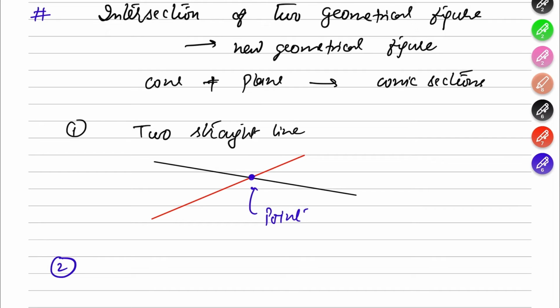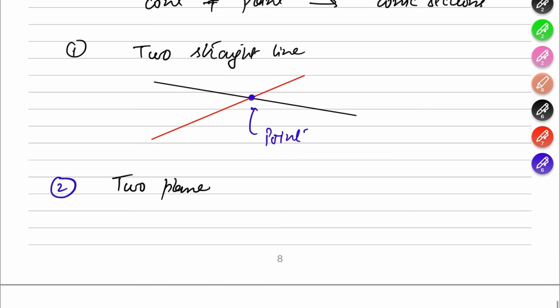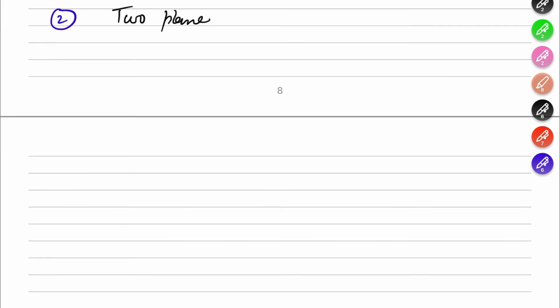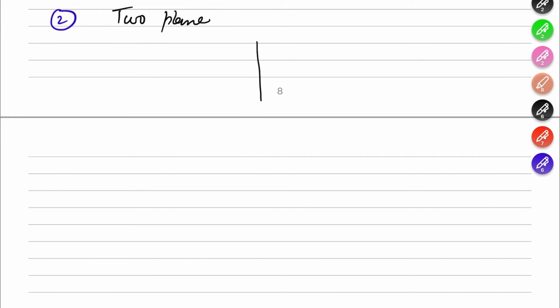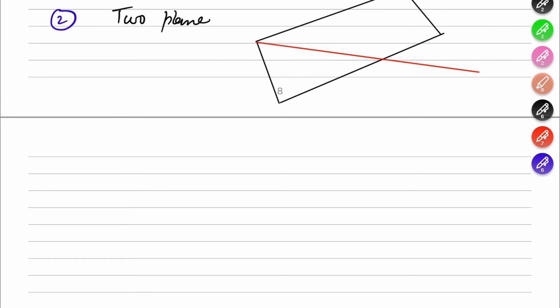Similarly, let's talk about two planes. What happens in the intersection of two planes? Suppose we have this plane, this is plane 1, and let's say this is plane 2, and they are intersecting.